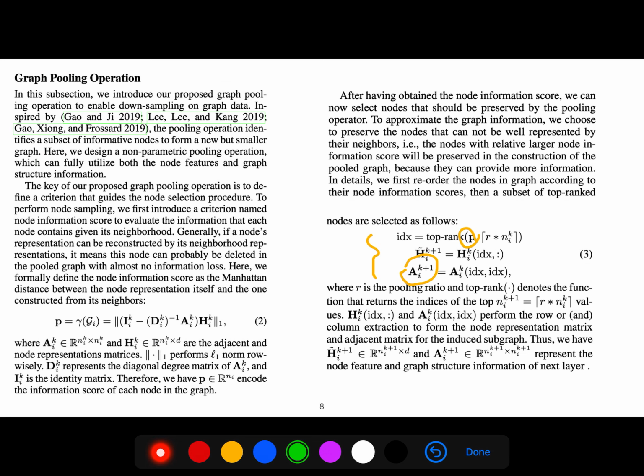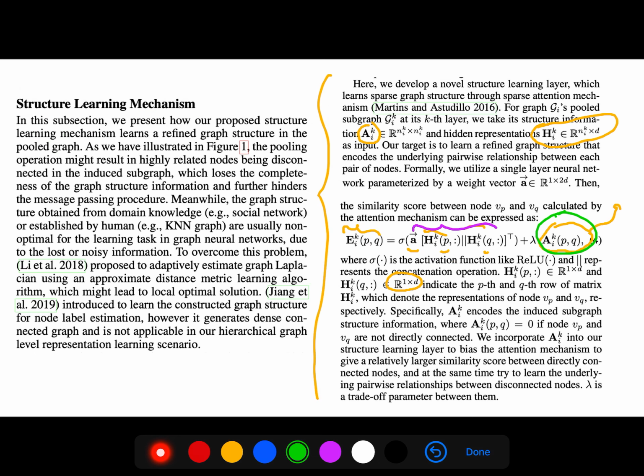Then we have here HI. They are adjacency and node representation matrices. A encodes the induced subgraph structure.